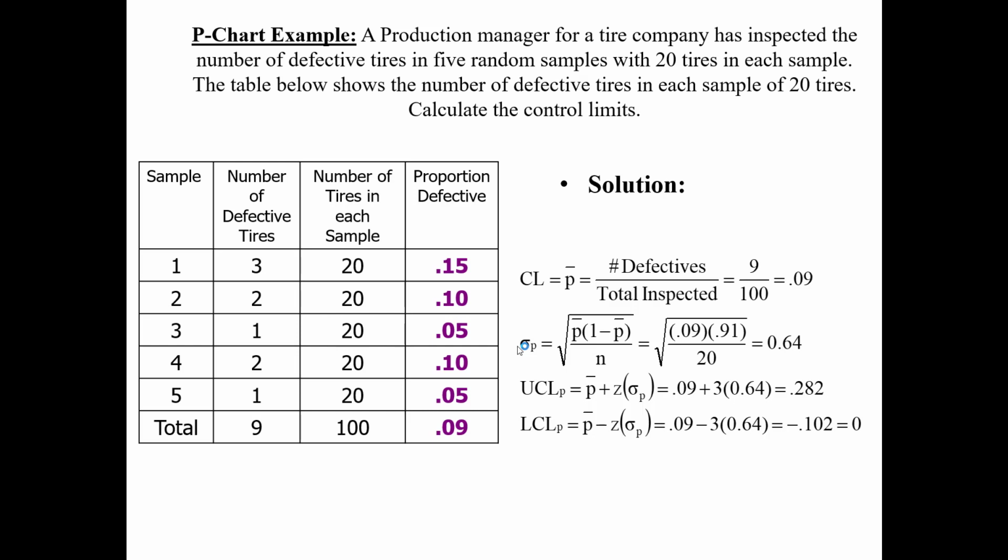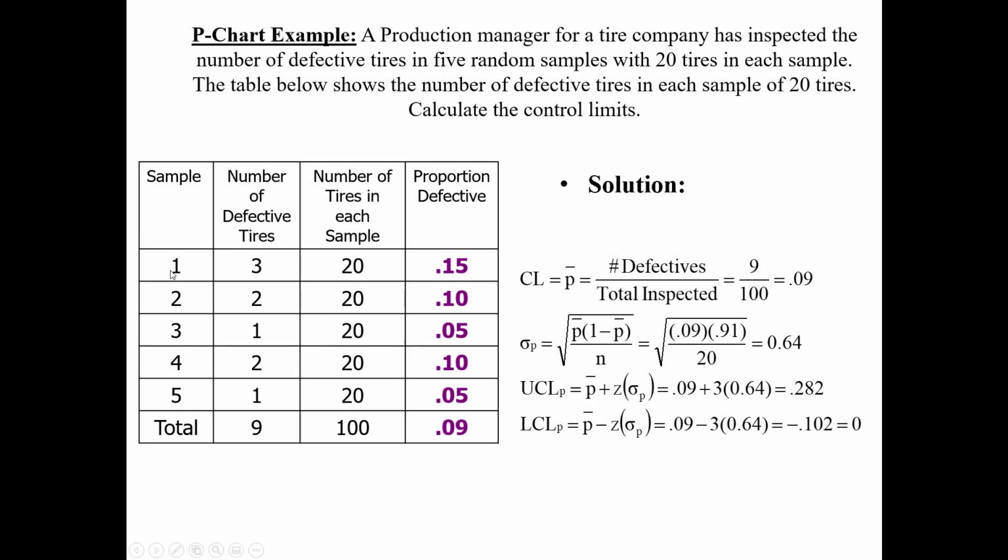An inspector visits a production area and inspects the number of defective tires in a factory producing tires. She collects 5 samples, and in each sample she checks 20 tires.